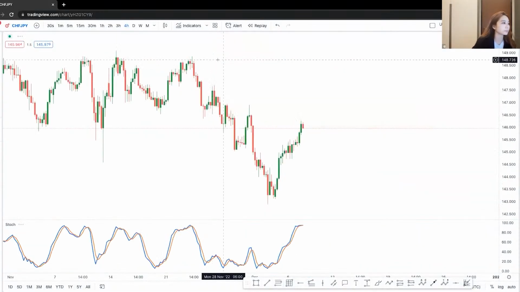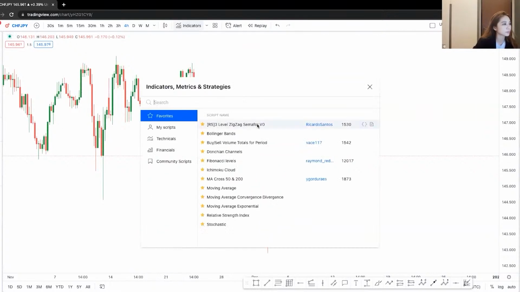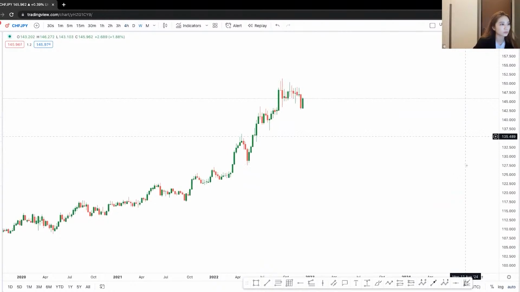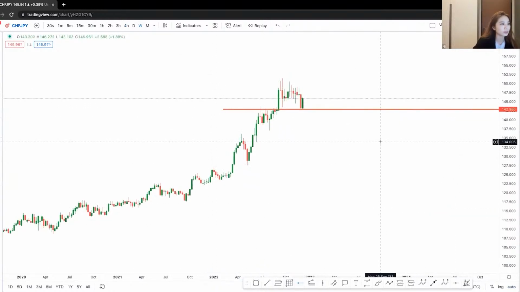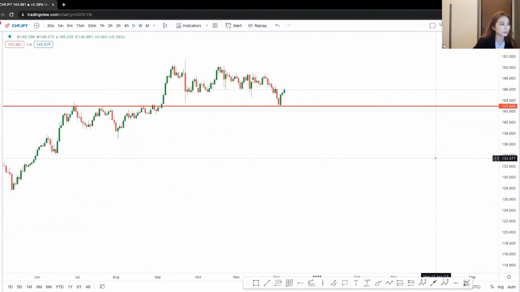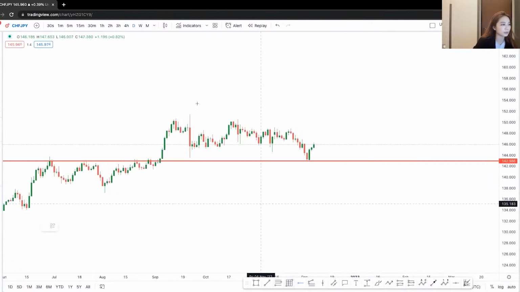It's franc yen. Interesting. We're looking at resistance and support level. Let's look at daily. You can see that actually price is moving up and down between these two levels.